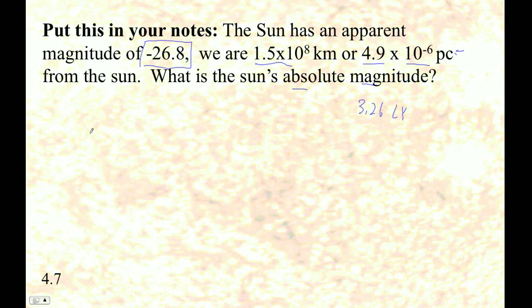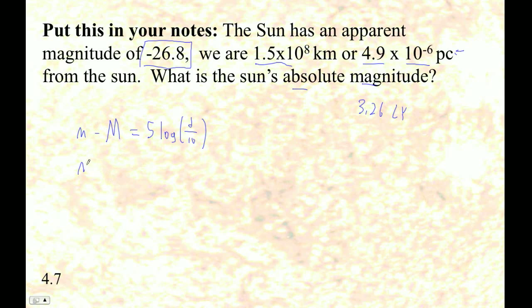So let's, what is it? It's m minus M equals 5 log d. Boy, I sure hope that's the right formula, you know? Okay, so how do we do that? I think we want to solve for big M, right?